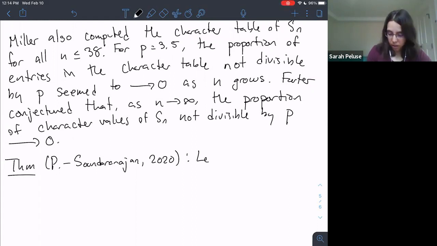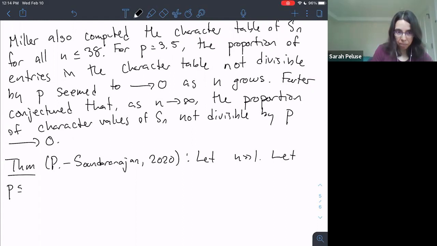So we let n be larger than some absolute constant. Also let p be any prime that's a bit smaller than log n, like log n over log log n.